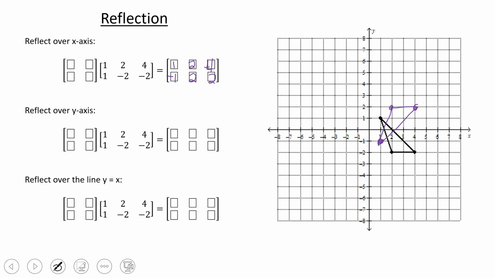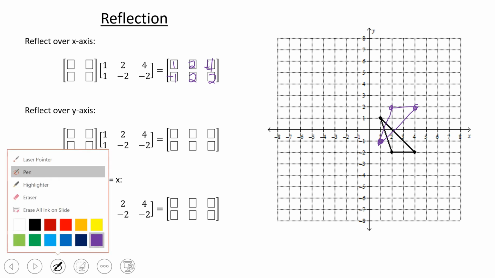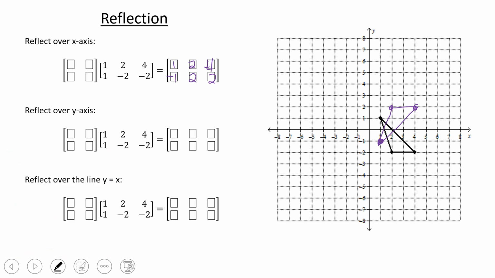So what is it that I have to multiply by to get that result? And so remember that when you multiply matrices, to find this number here, I have to take the first row times the first column. And then to get this number here, I have to take first row, but times the second column.